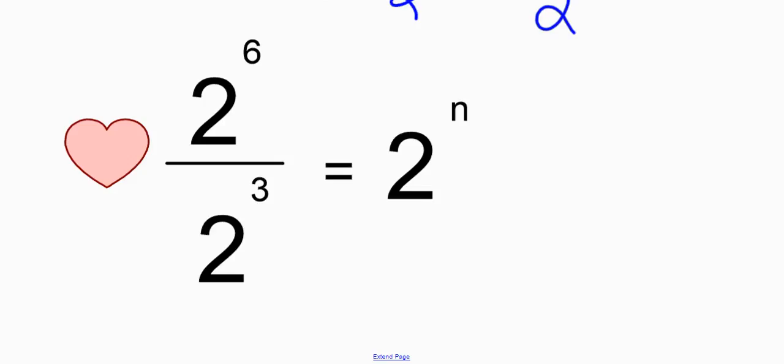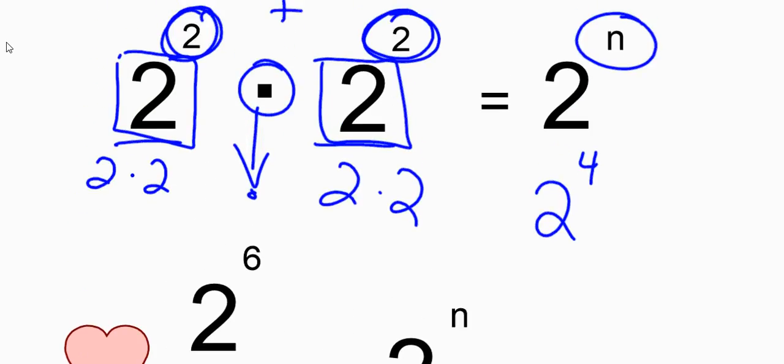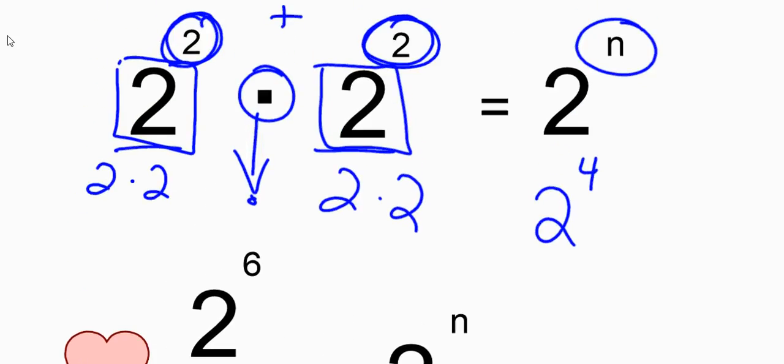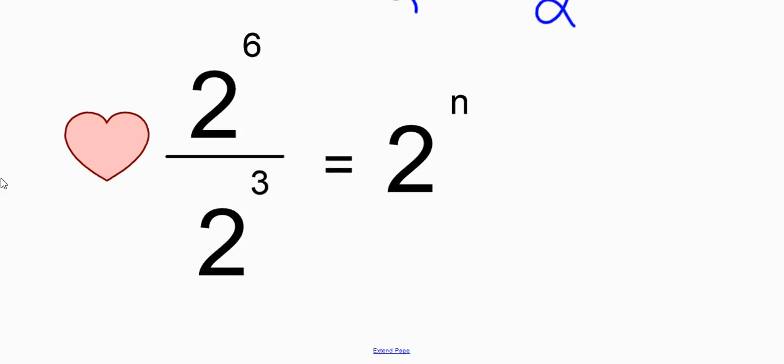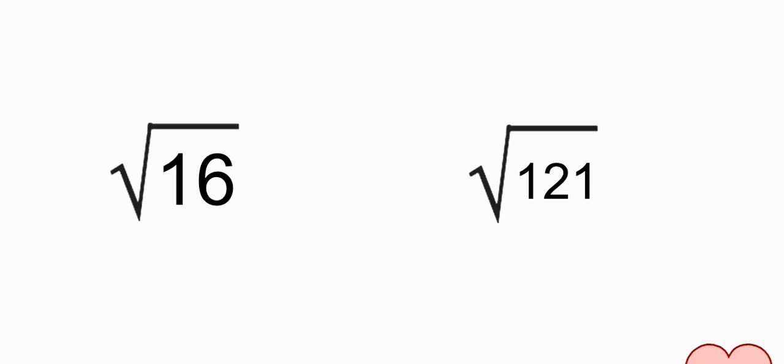If the relationship here is adding the exponents, what do you think might be the relationship if we are dividing two different numbers? Divide these two, what's it going to be? If you can't figure it out, just break it down and then cross things out.